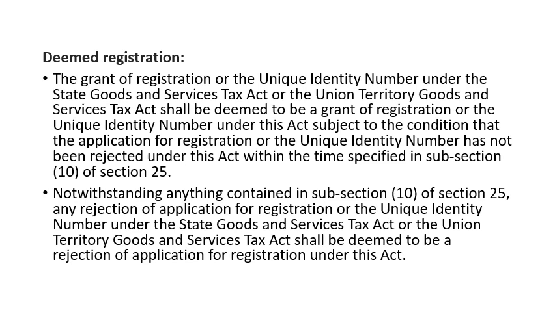Notwithstanding anything contained in sub-section 10 of section 25, any rejection of application for registration or the unique identity number under the State Goods and Services Tax Act or Union Territory Goods and Services Tax Act shall be deemed to be a rejection of application for registration under this Act. So this is related to deemed registration, deemed to be registered. In this case they register it, saying deemed to be registered.